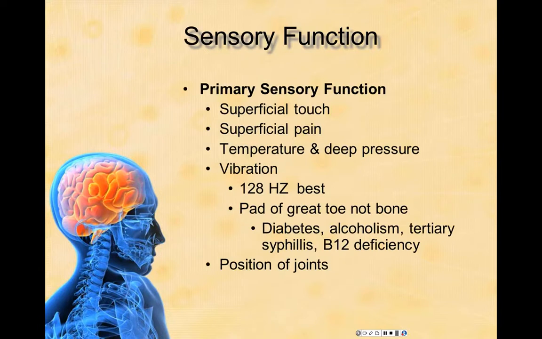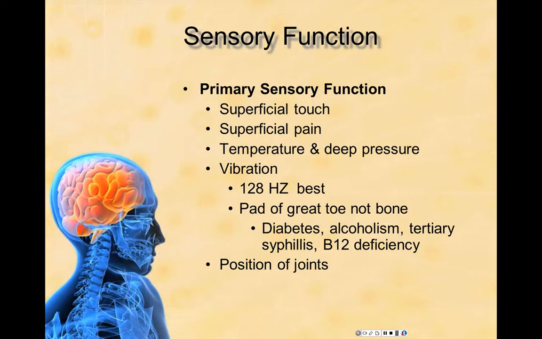Sensory function is evaluated through superficial touch, pain, temperature, and vibration. The 128 Hertz tuning fork is best to evaluate vibration. It's best done at the pad of the great toe, not on the bone.